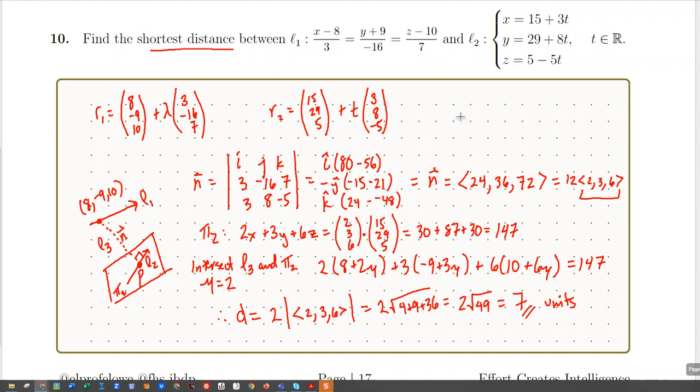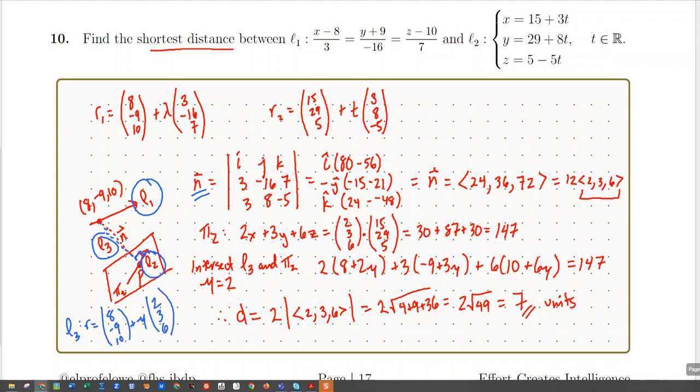So once again, a quick rehash. Rather than use a formula that can be memorized between line L1 and L2, we'll go from the conceptual approach of saying if we have line L1 and we have line L2, then I know the shortest distance is going to be a perpendicular distance. Because we know a normal is perpendicular, we can find the normal vector, and then we can find this line 3 that would have the point at -9, 10, and the directionality of the normal vector.